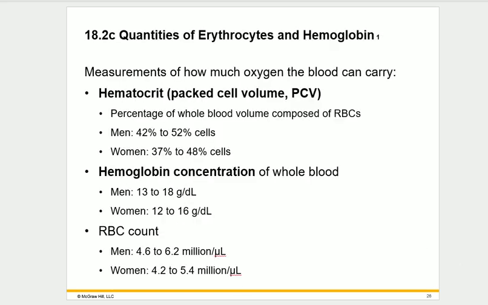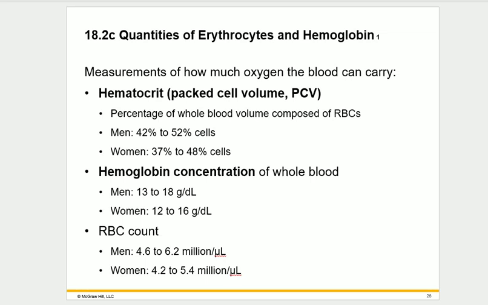The red blood cell count and hemoglobin concentration are super important clinically because they determine the amount of oxygen the blood can carry. Three of the most common measurements are the hematocrit, hemoglobin concentration, and the red blood cell count.